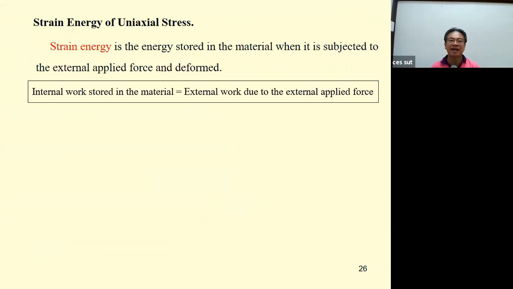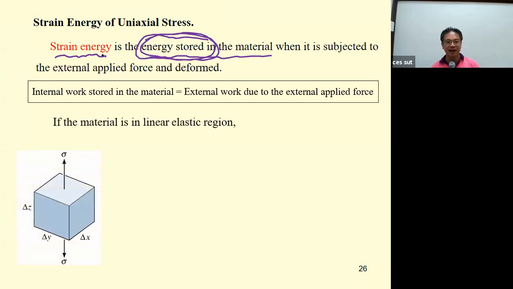Next, the strain energy. The strain energy is the energy stored in the material. You may pull a rubber band, and then when you release the force, the rubber band just goes back, returning to its original length. That means when you pull the rubber band, energy is stored inside it. The energy during the deformation of the rubber band is called the strain energy. Okay. And when you pull the rubber band, we get this linear elastic relationship.